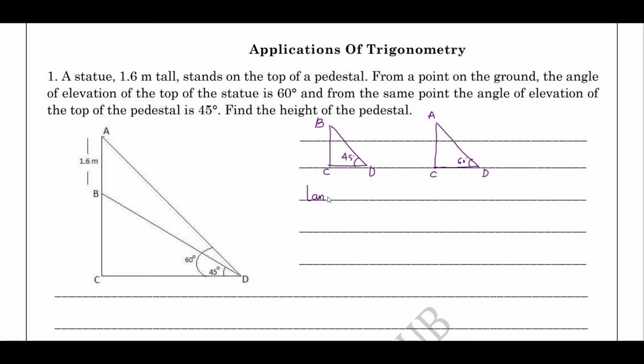Tan theta equals, in right angle triangle BCD, tan theta equals opposite by adjacent. What is opposite? Opposite is BC, adjacent is CD.